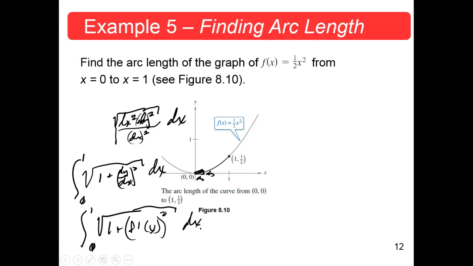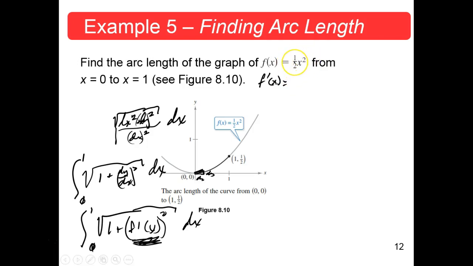So, to find the arc length, first thing you've got to do is what? Take a derivative. So we start by taking the derivative. f prime of x is 2x. Well, this is 1/2 x squared.